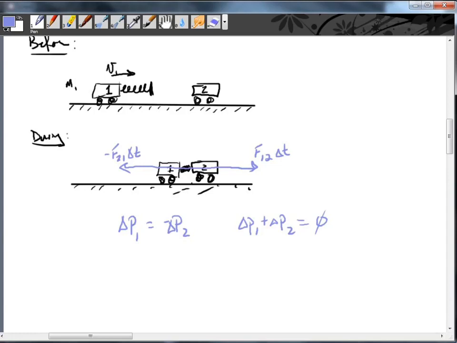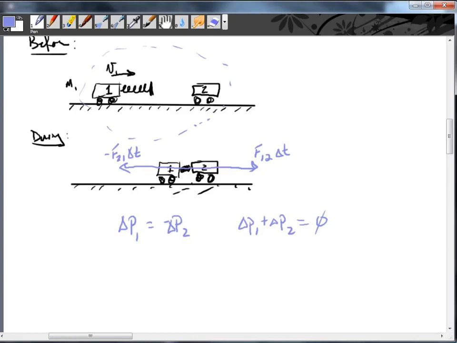Now, mind you, if this is our system right here, there are no external forces acting on this system. It's all internal. It's all gravity working on these guys. The spring is a conservative force within the system. There's no friction. So the entire system has no change in momentum.